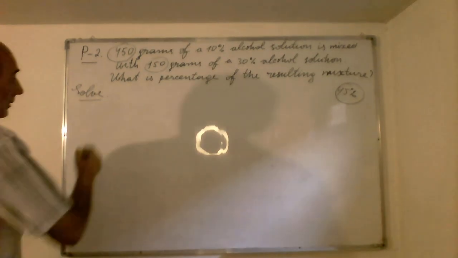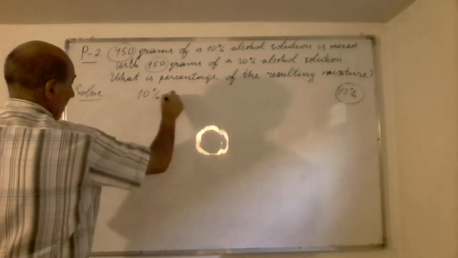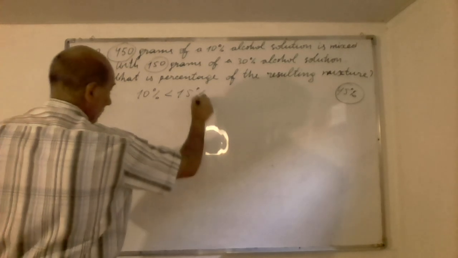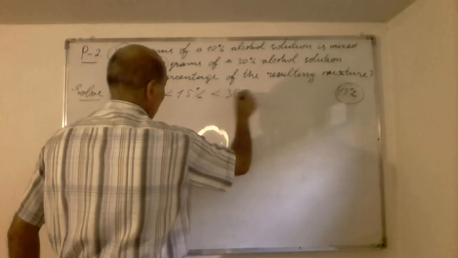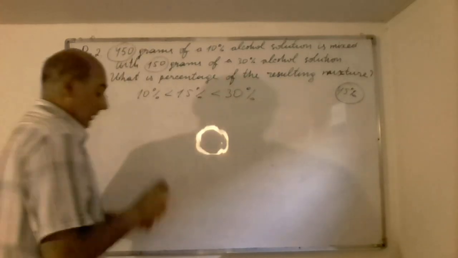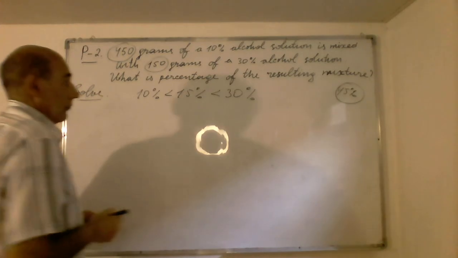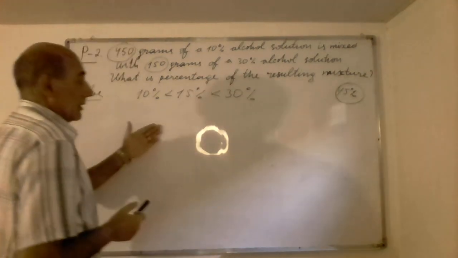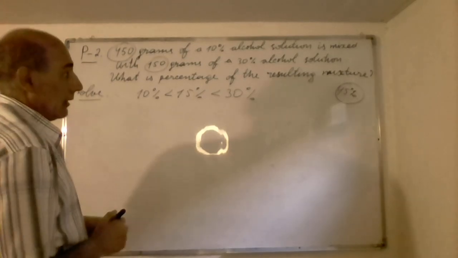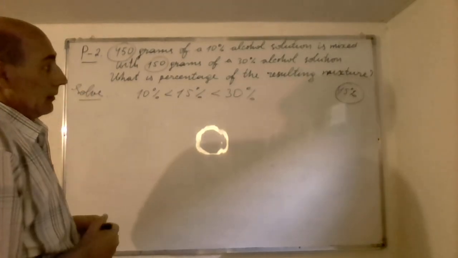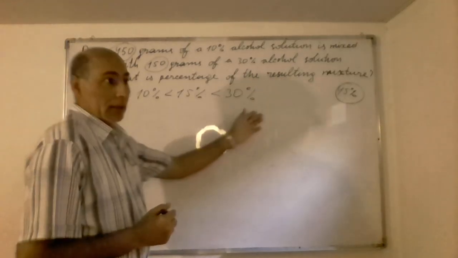Since the conditions 10% less than 15% less than 30% is satisfied, this problem can also be solved using a more classical method based on the diagram below.